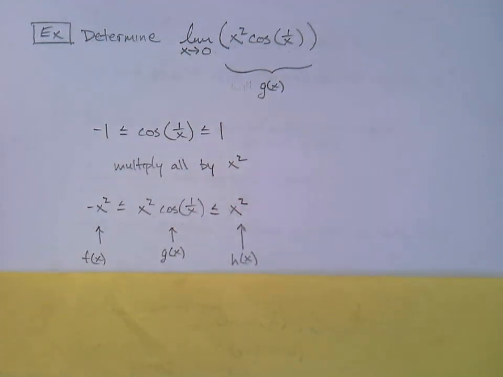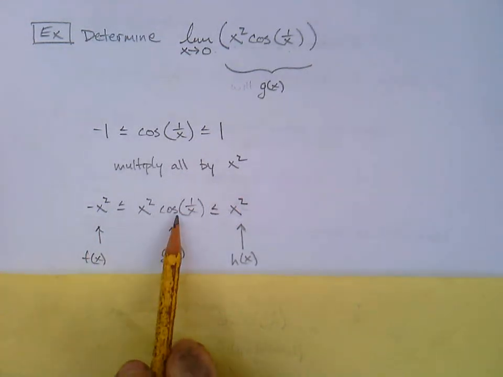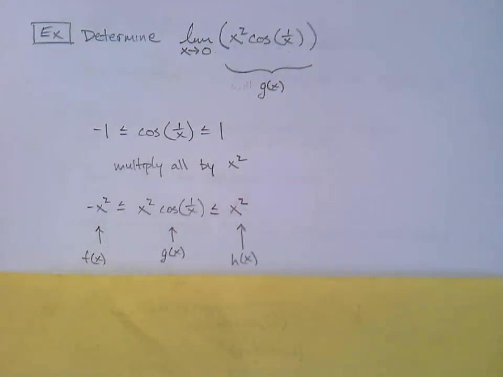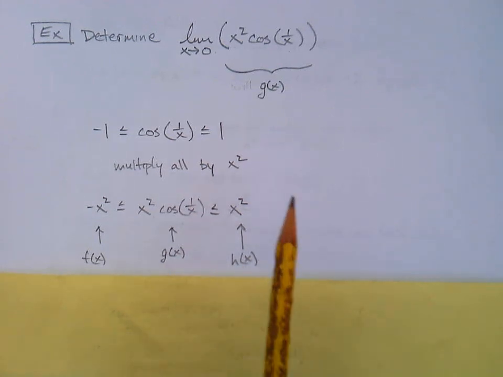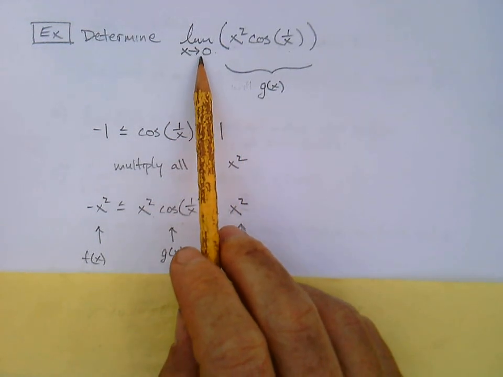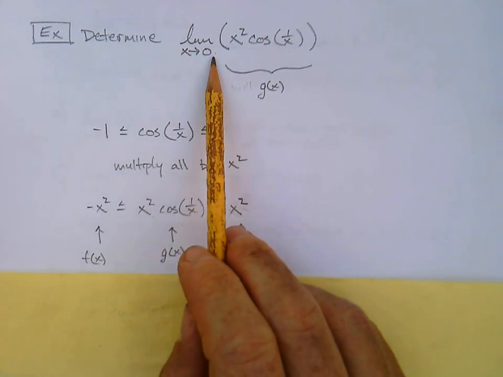Well, the theorem said that if this is true, if that relationship is there, and if the limit for f is the same as the limit for h. You're like, what is that all about? Okay, so go back. The limit that we're concerned with is x approaches 0.